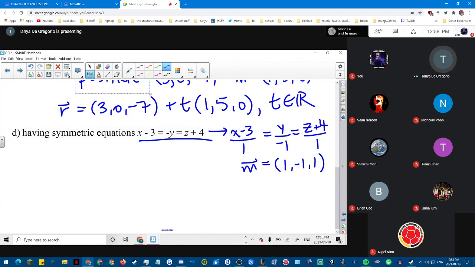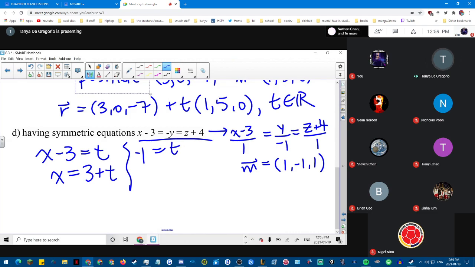3, 0, -4. If you're having a hard time seeing this, then what you can do is this. We know that x minus 3 equals t. Go ahead and solve for your x. And see, that's how you can see that your position vector starts, it's a 3. It's the opposite, right? Because we brought it over. Okay, and the same with the negative y, and with the z.